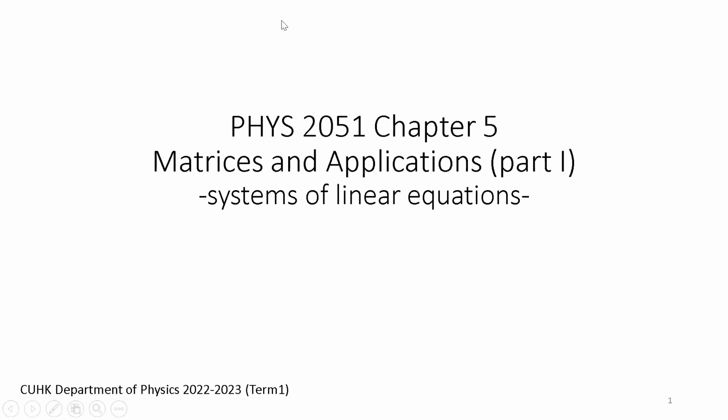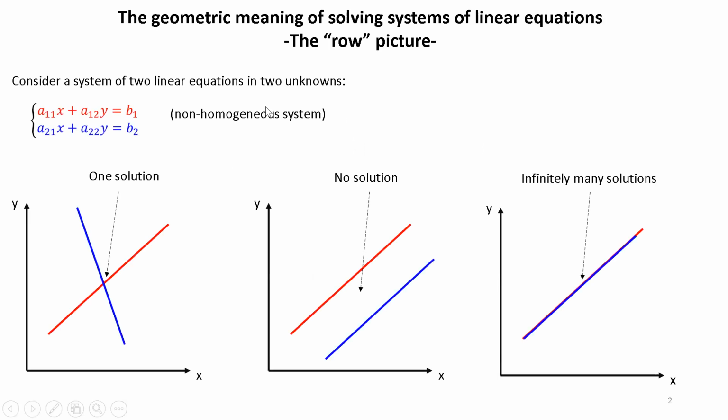First, we are considering something really simple. As I said, you must have learned how to solve this before. What I have here is a system of two linear equations with two unknowns, x and y.